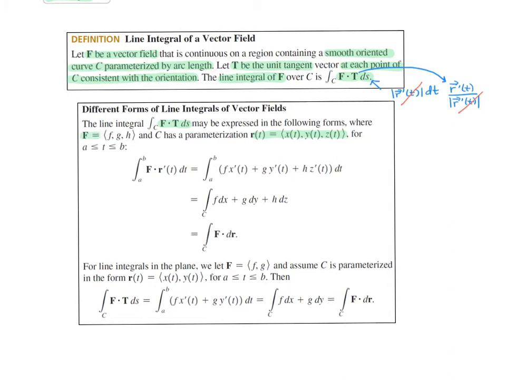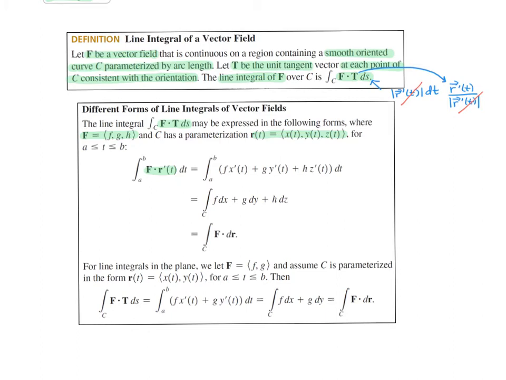And we can write our vector field F, G, H as F dotted with the derivative of r. That's because we are replacing T ds with the derivative of r dt, and that's where it comes from. So you could write this in a variety of ways. They all mean the exact same thing.